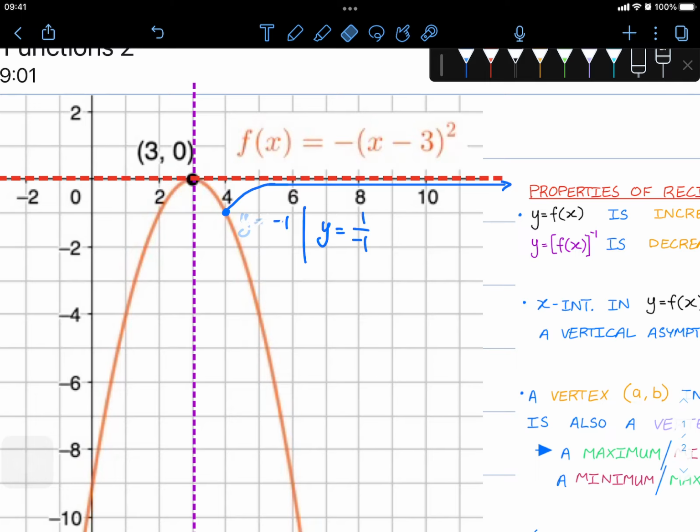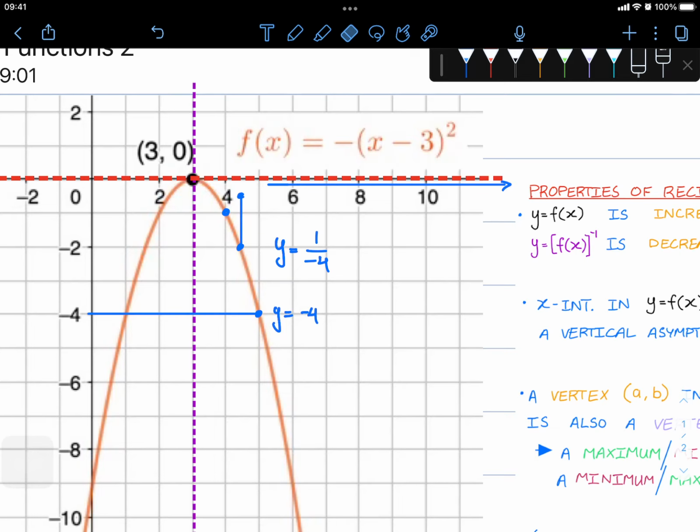We can assist our sketch a little bit more by picking, let's say, this point here. At this point, it should be half, which I quite accurately sketched. At this point here, because it is -4, sorry, its reciprocal will be y is equal to 1 over -4, which is -0.25.